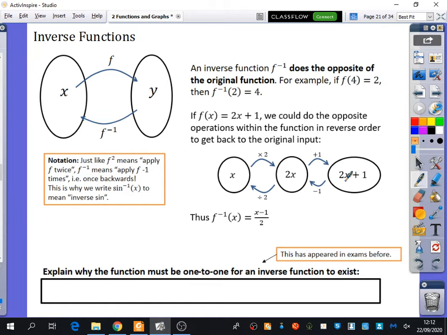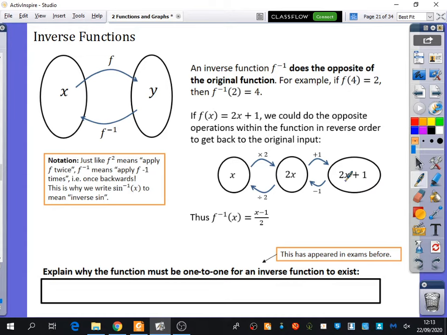So I've written, explain why the function must be a one-to-one function for an inverse function to exist. Why do you think that the function needs to be one-to-one for the inverse function to exist? Ishraq? Good. If it were a many-to-one function, which is still a function, if you did the inverse, many-to-one would reverse to become one-to-many, which is not a function.